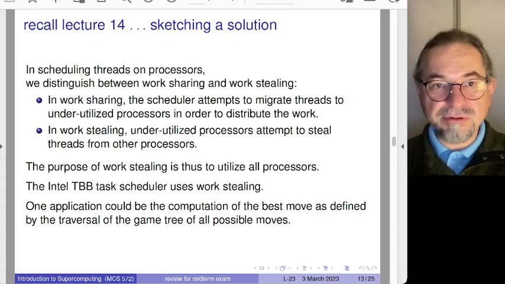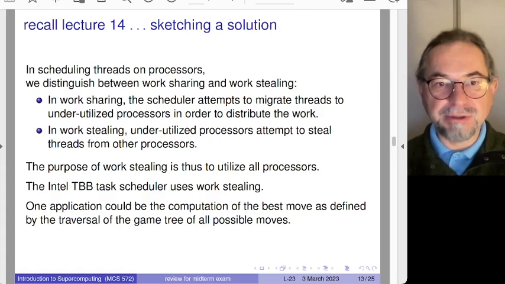So, this is a historical question. I was made aware of work stealing with the Intel Threading Building Blocks. So that's why I'm listing it here. But of course, we can also see work stealing as a job scheduling strategy where idle processors are actively looking for jobs and they are stealing the jobs from other processors.